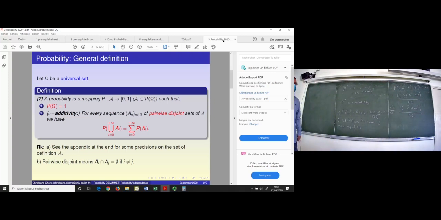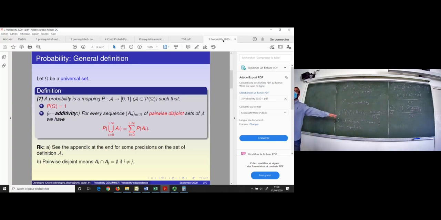Is it the case? So I am interested in these sets here. If I want to use a formula of the type the probability of the union is equal to the sum of the probabilities, I have just to check that they are pairwise disjoint. My question is, are they pairwise disjoint? And if yes, why?